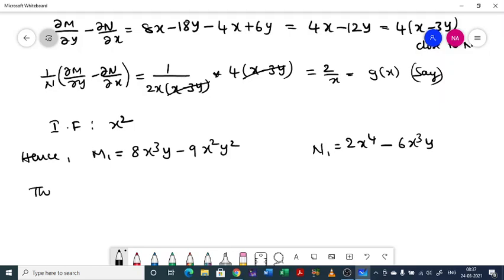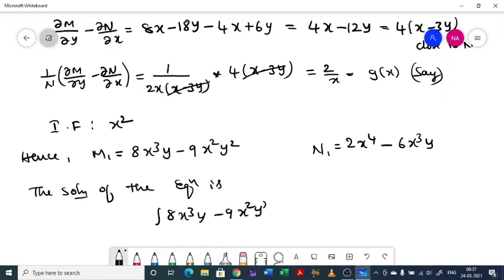The solution of the equation is integral m1 dx, that is integral 8x cube y minus 9x square y square dx, plus integral of n1 which is obviously 0, equal to c.